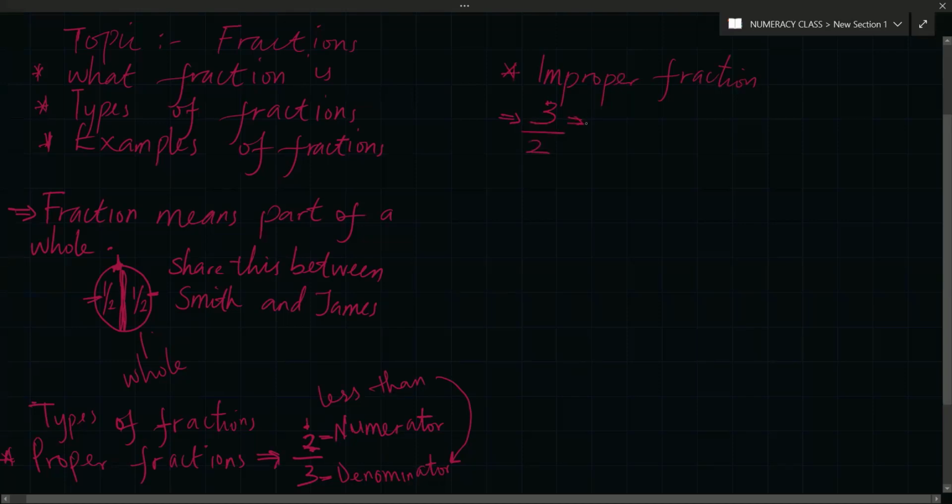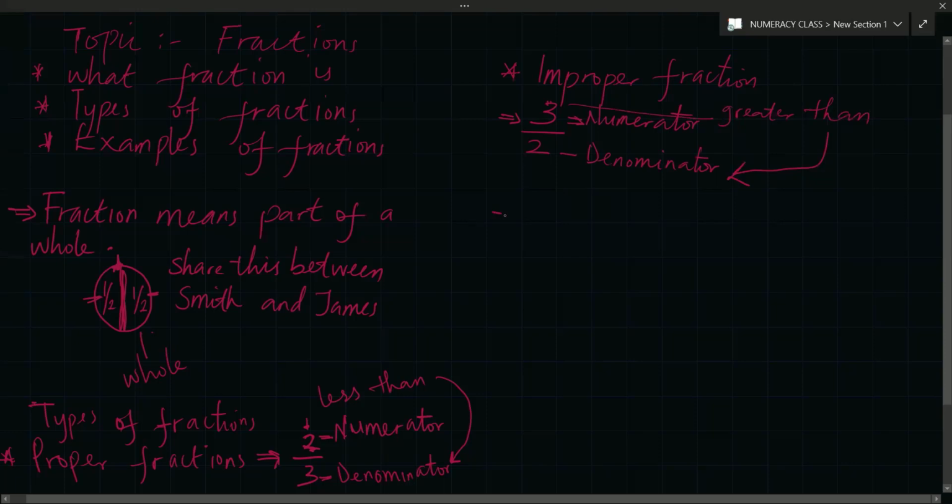Don't forget I told you this is the numerator and this is the denominator. The numerator is always greater than the denominator.